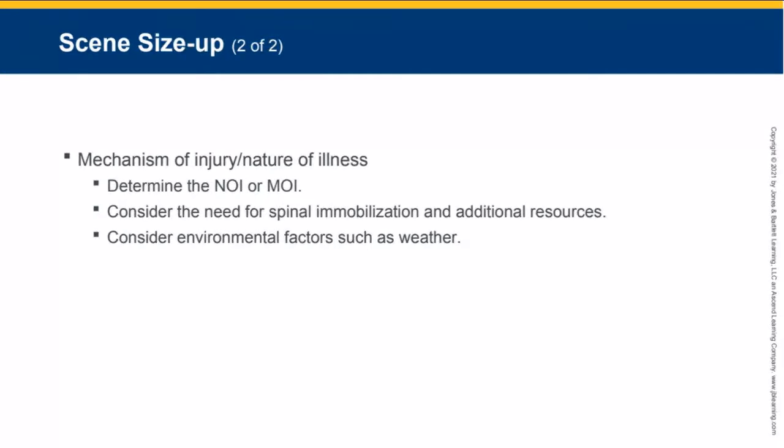Consider environmental factors such as weather. If the environment is too hot for you, it's going to be too hot for the patient. If it's too cold for you, it's going to be too cold for the patient. So any adjustments you're making for yourself as it relates to the environment, consider the same for the patient.